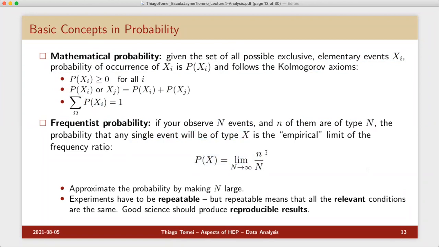So if you observe 3 out of 10 events, the probability is 30%. But then maybe if you were to observe 100 events, it would be 31, so the probability is 31%. And in this limit, it would converge to the true probability. The problem is that we cannot actually take the limit because we cannot make infinite measurements. So we can approximate this probability by making big N large.